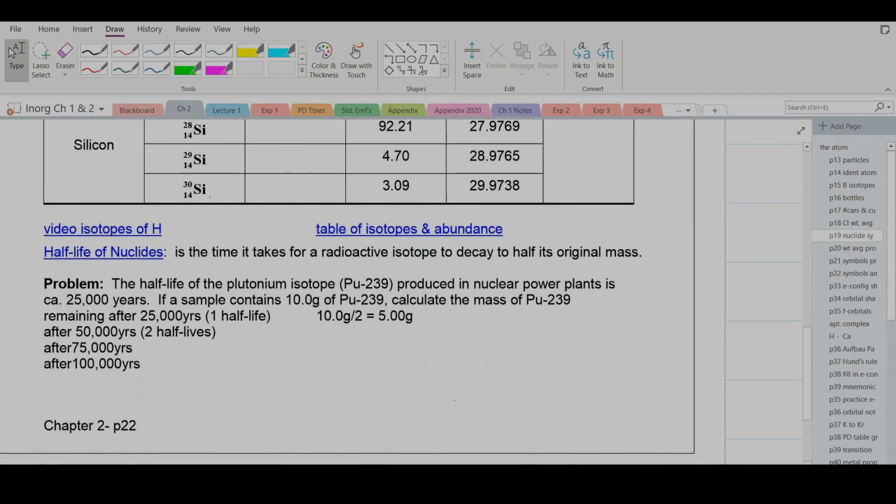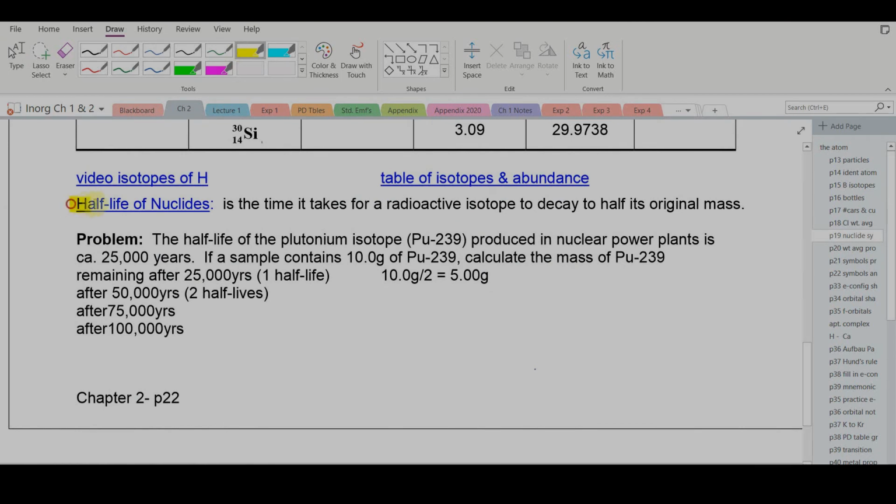Which brings us to this right here. The half-life of a nuclide is the time it takes for a radioactive isotope to decay to half its original mass. So here's a problem. The half-life of the plutonium isotope, plutonium-239, that's produced in nuclear power plants is approximately 25,000 years.